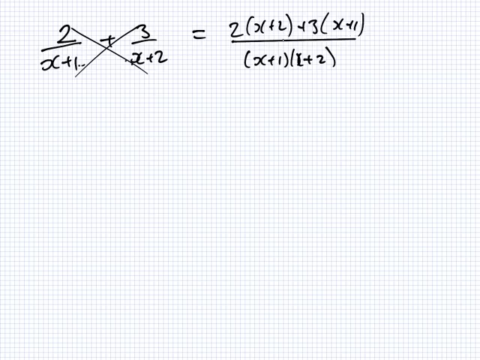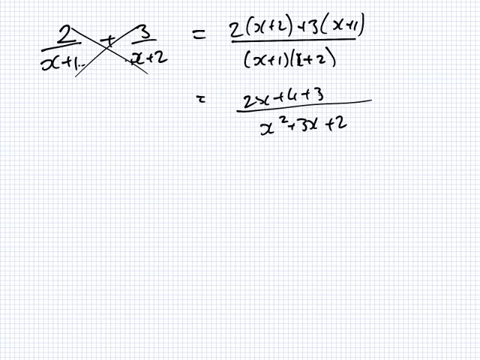Yes, great. So on the bottom you would get x squared plus 3x plus 2, and on the top you get 2x plus 4 plus 3x plus 3. So you would finish with 5x plus 7 over x squared plus 3x plus 2.